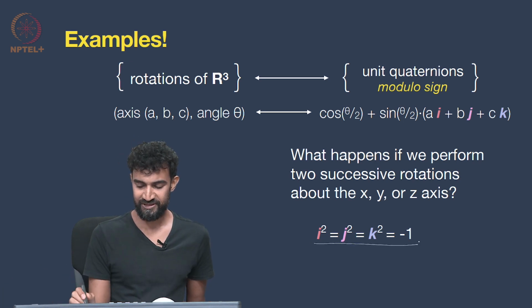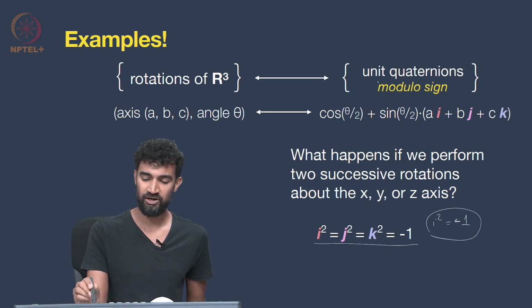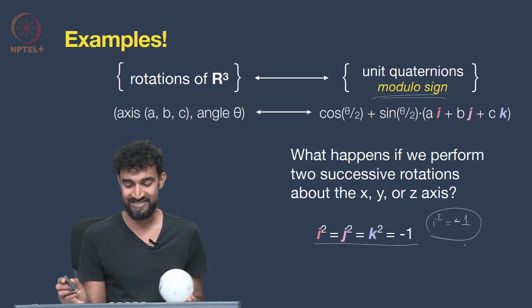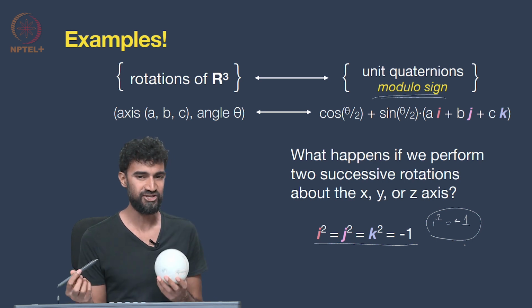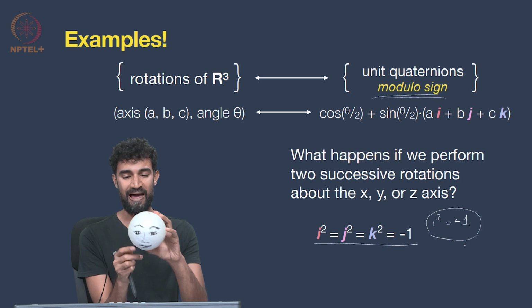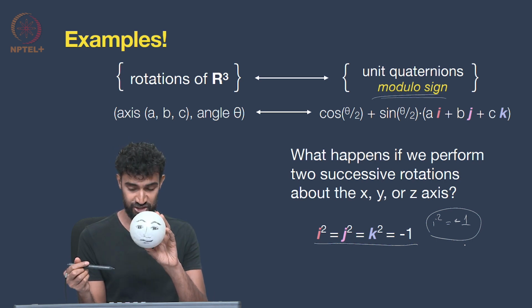Does that agree with our formula? In particular, does that agree with i squared equals minus 1? It does, because rotations of R3 correspond to unit quaternions modulo sign. So minus 1 is the same as 1 when it comes to rotations. They both represent the identity rotation. So they both take us back to this identity state, that base orientation.